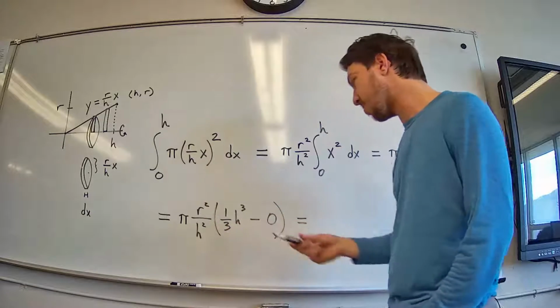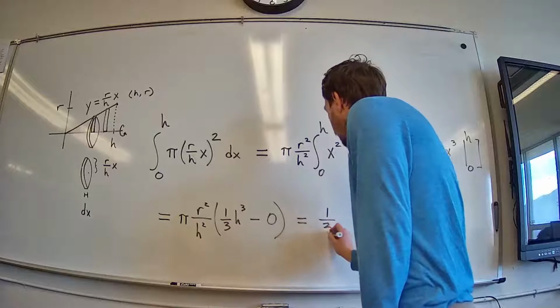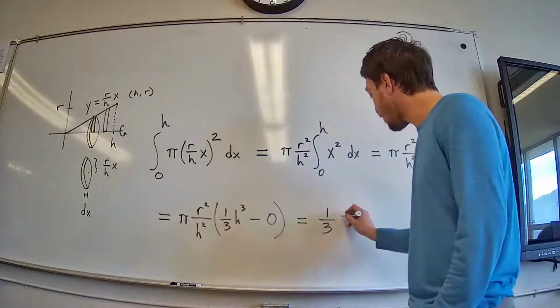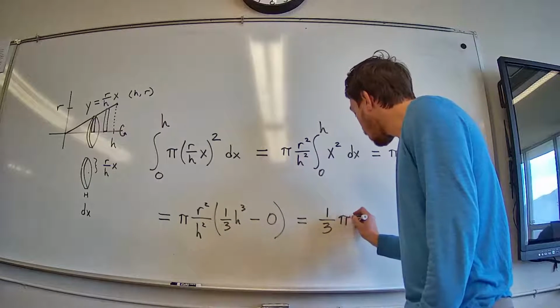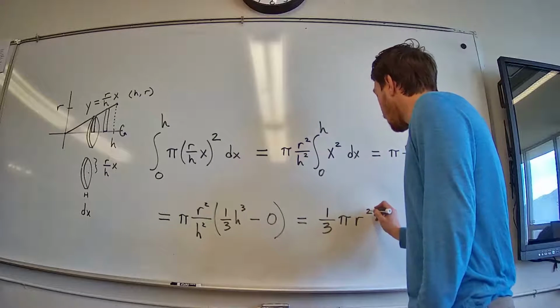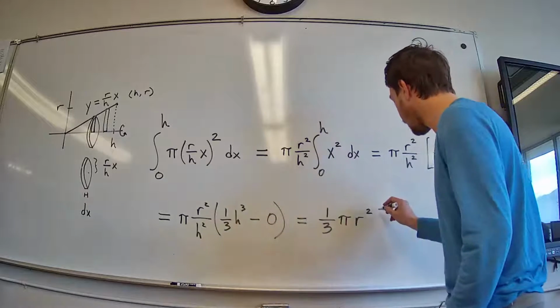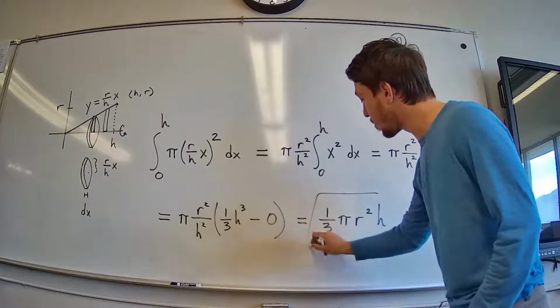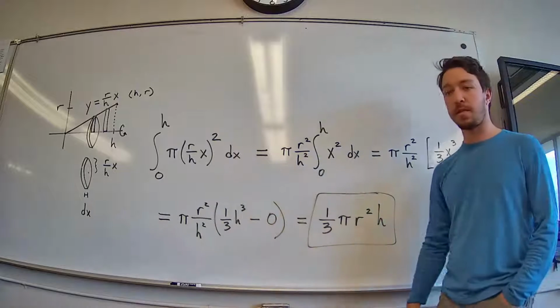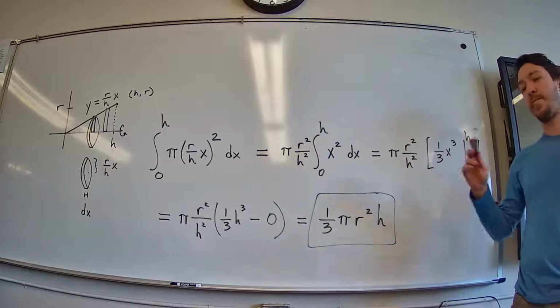We've got this times this. So I've got the 1/3, there's a pi, and there's an r squared, and then h cubed divided by h squared is h. Whoa. And that's the famous cone volume formula.